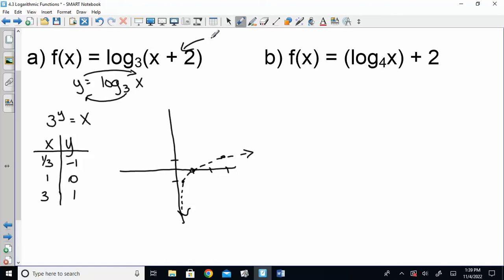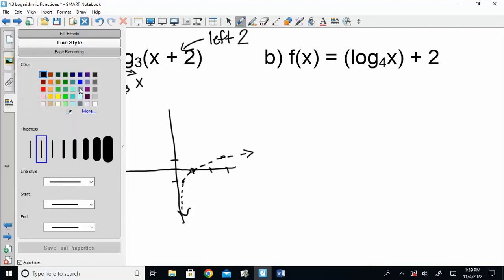What does this plus 2 do to my graph? Left 2. It's inside, attached to the x, so it'll go left 2. When we graphed the exponentials, they had a horizontal asymptote, so when we moved them up and down, that asymptote moved. Now that we have a vertical, that will get shifted if we move left or right.